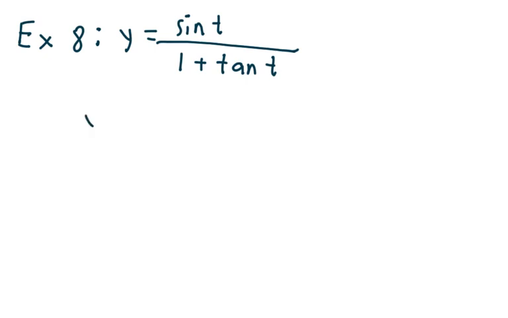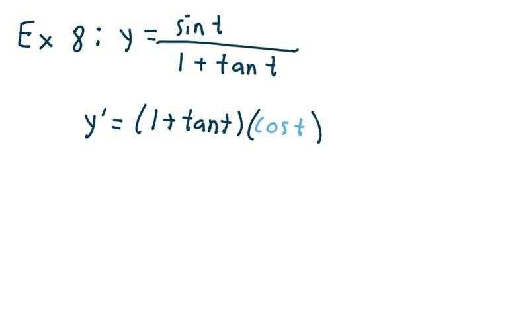Suppose I take y prime. So I'm going to take the bottom function, which is 1 plus tangent t, and that's the bottom. I'm going to multiply it by the derivative of the top. The derivative of the top is cosine t. Okay?